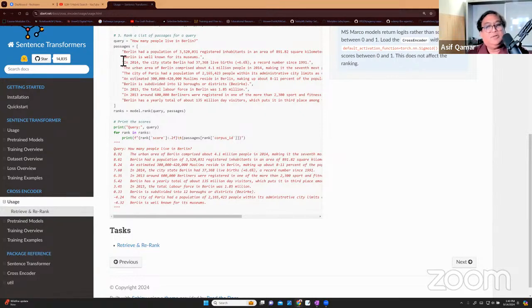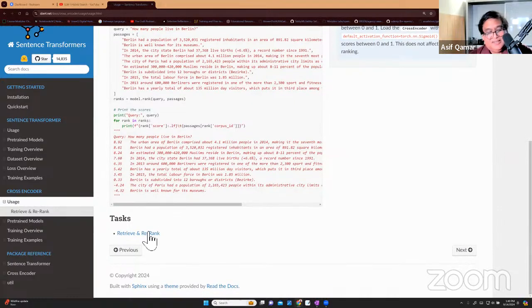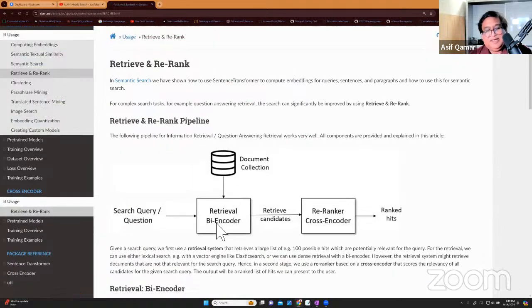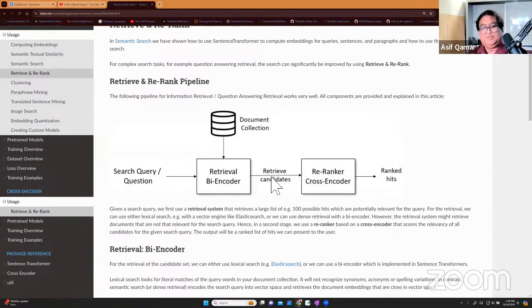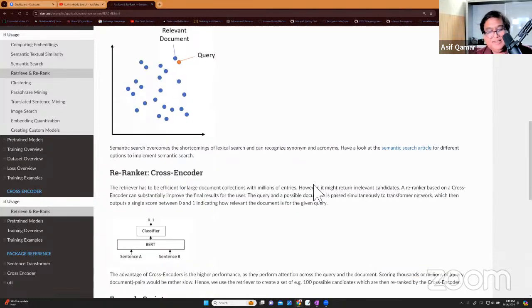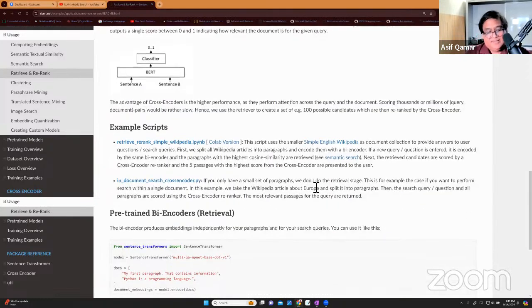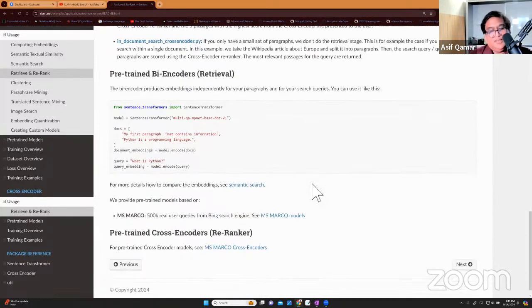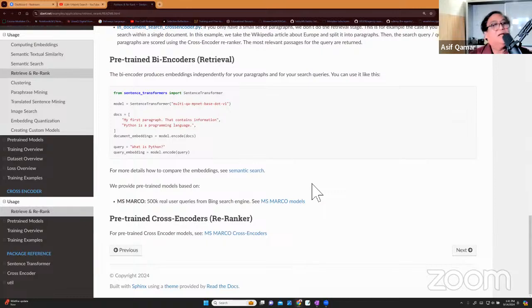Given a query, do you notice that it is comparing the query text against text? There's no embedding happening here, right? It's a direct sentence, text-to-text comparison. And then there is a retrieve and re-rank. It gives you the pipeline. This is what I was talking about, re-rank, isn't it? And so here's a bit of code that can help you do that.